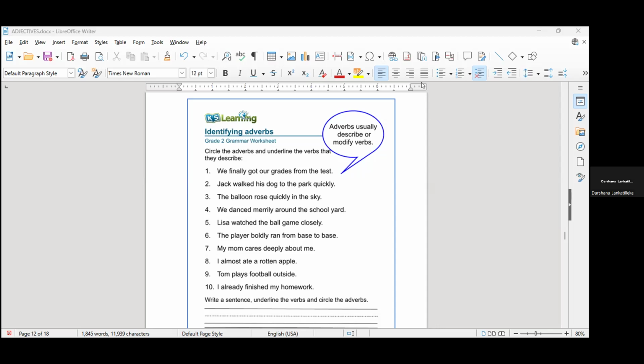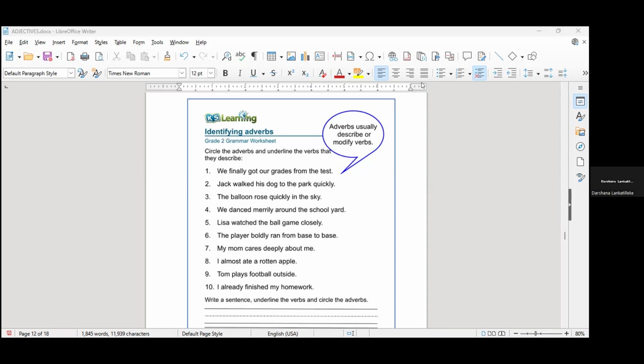Number 9, Tom plays football outside. Tom plays. Plays is the verb here. Plays where? Outside. Outside is a place adverb. It's a place adverb. Then number 10, I already finished my homework.